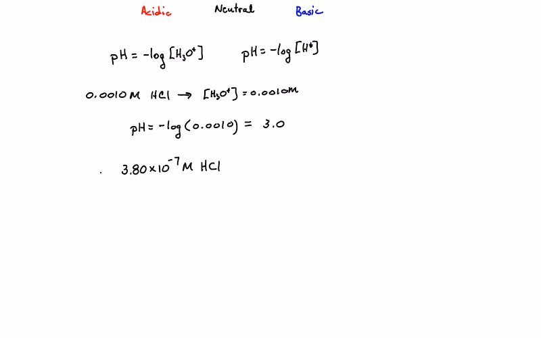So now what we do is we again assume that the concentration is going to be equal to the 3.80 times 10 to the negative 7th molar for the hydronium. So the pH will then be equal to the negative log of that.